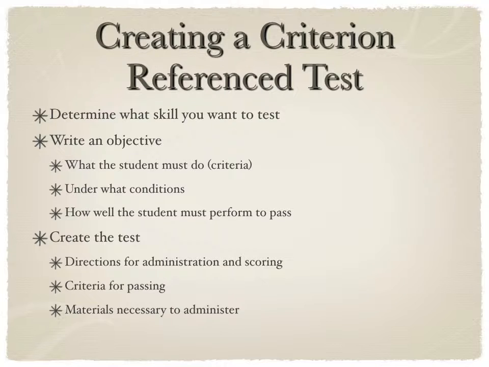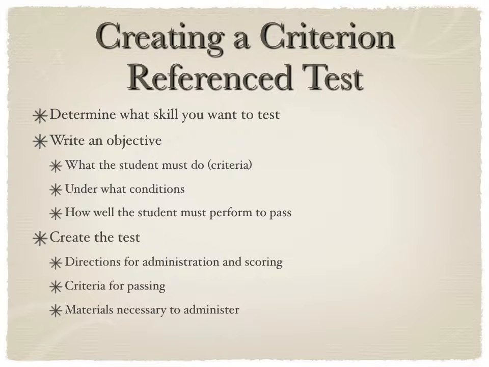So if you're measuring, for instance, a child's mastery of a math concept, you would establish what is the level of passing to determine mastery, perhaps on a worksheet that you administer, or what score a child must obtain on a specific measure or probe that you give to them.